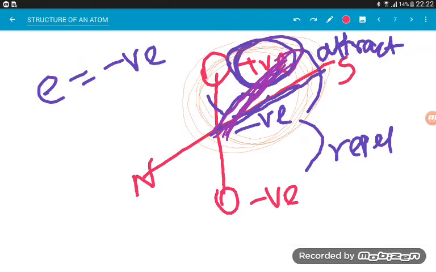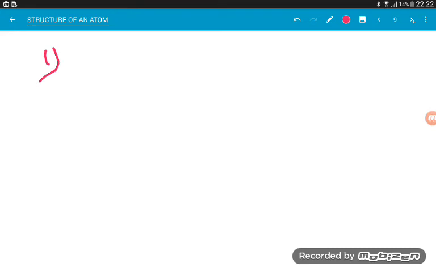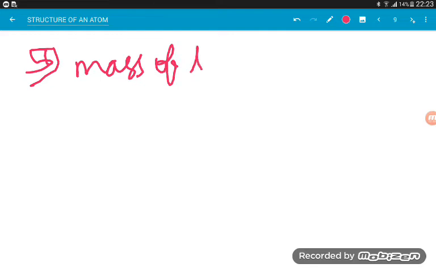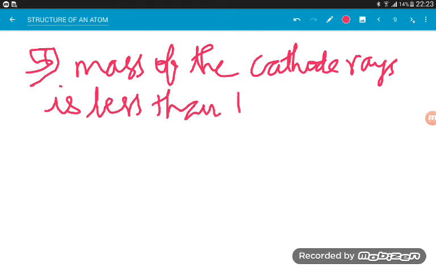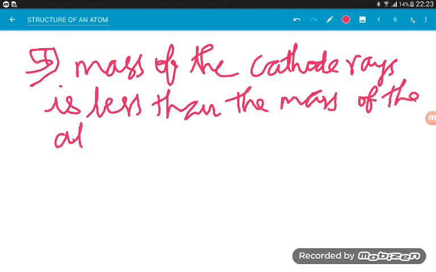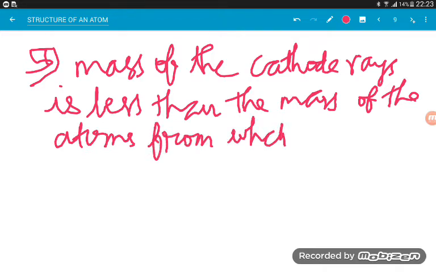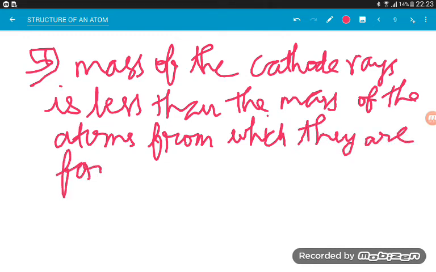And we must also understand another point, this is the fifth point: the mass of the cathode rays is less than the mass of the atoms from which they are formed, right?